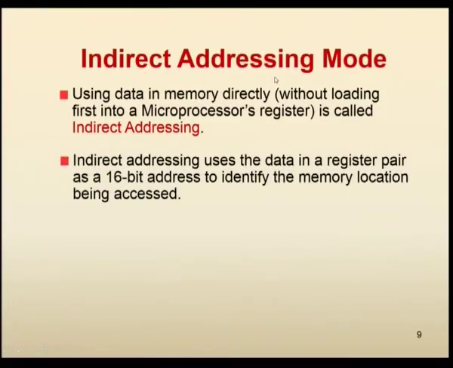Welcome back. We are seeing what is meant by indirect addressing mode. In the indirect addressing mode, we do not explicitly mention the address of the memory in the instruction. The address where the data has to go should be preloaded into any one of the register pairs.